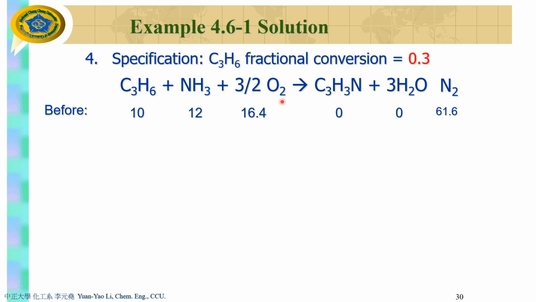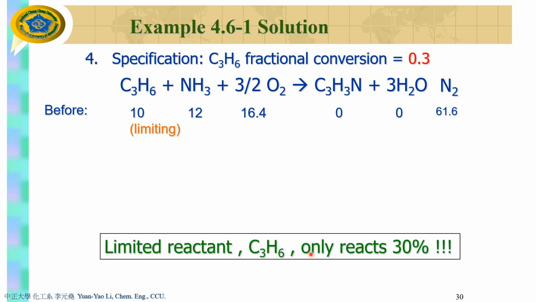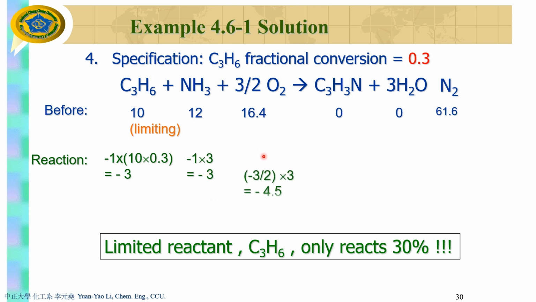So the specification of the C3H6 fractional conversion is 30%, right? So this is the limiting reactant, and only 30% is consumed. So as you know, during the reaction, you have 10 times 0.3, that will be minus 3 here, and minus 3 here. And then that will be 4.5, right?